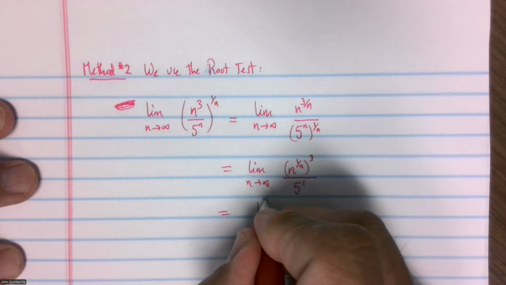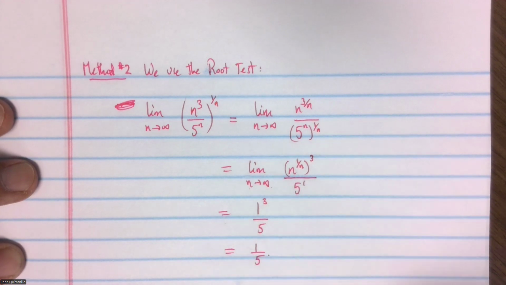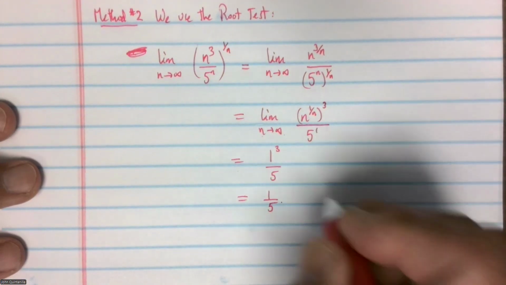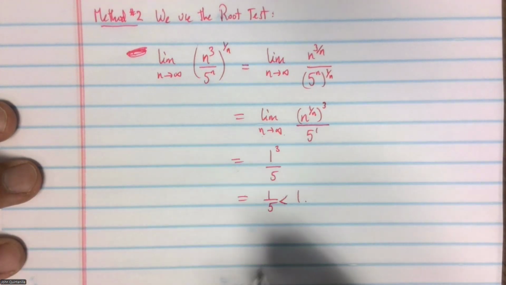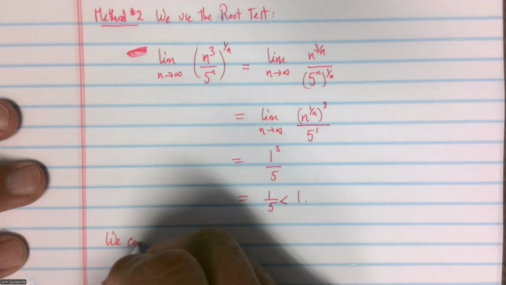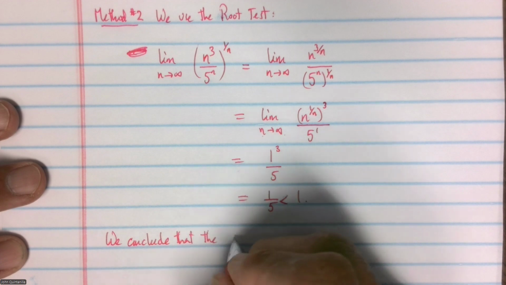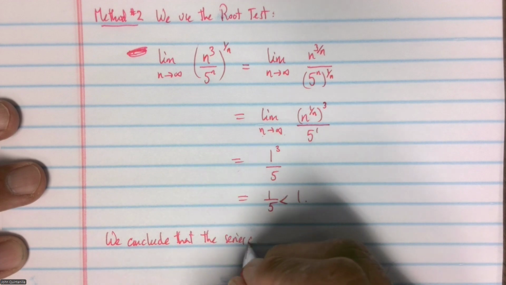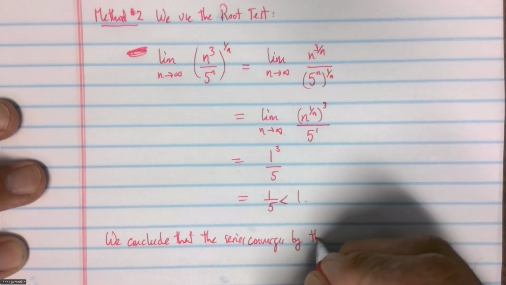So this goes to 1 to the third over 5, and by some coincidence, that's equal to 1/5. Importantly, that's less than 1. And so because this limit is less than 1, we conclude that the series converges by the root test.